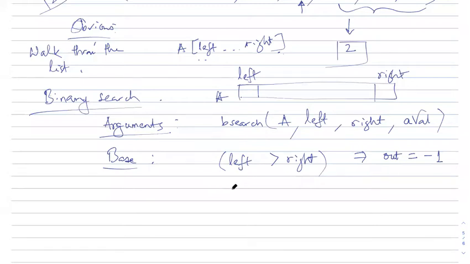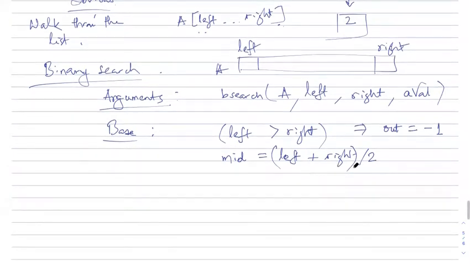The second base case is when you're able to find it. So when are you able to find it? When the midpoint is equal to left plus right. So this is not the midpoint but the mid index of the mid element. So that's going to be left plus right divided by 2.